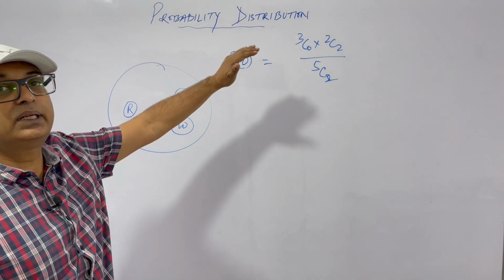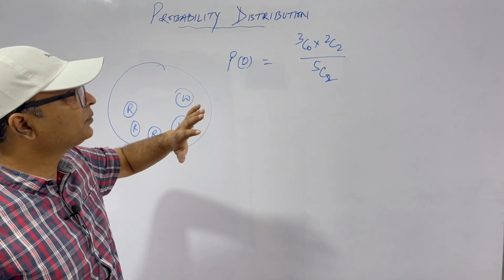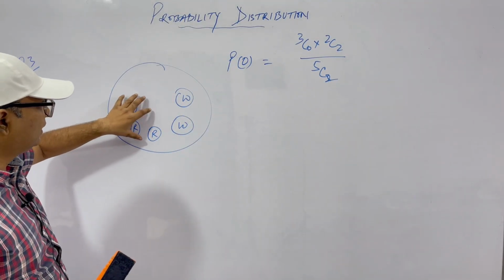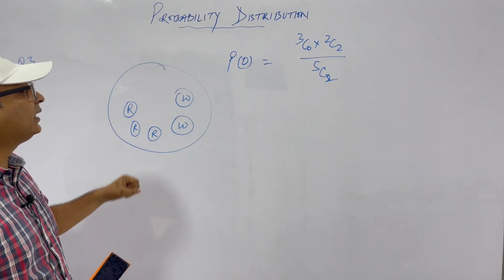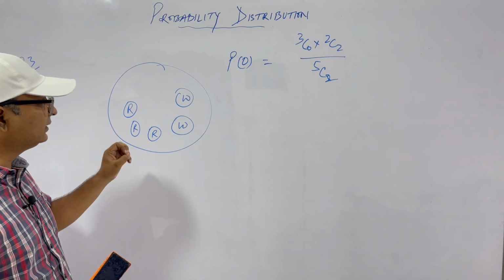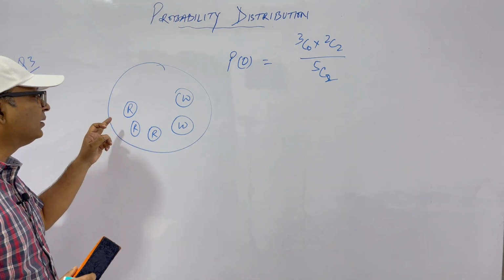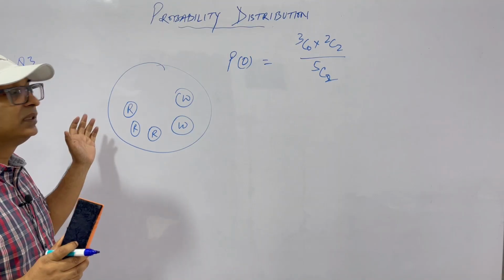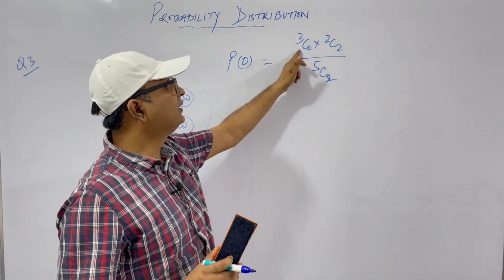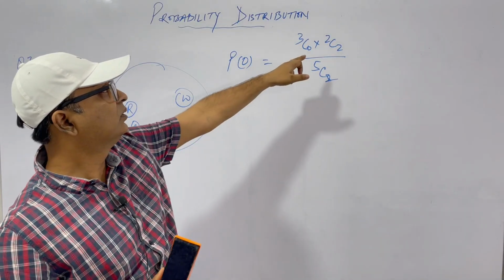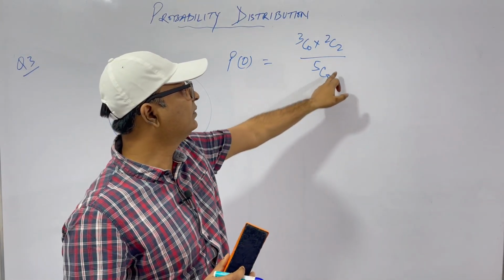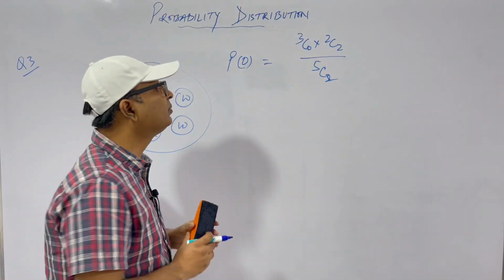There are 3 red balls and 2 white balls, and we took 2 balls out. The probability that both balls are white, that is, the number of red balls is 0, is 3C0 into 2C2 by 5C2. This is how we calculate probability.